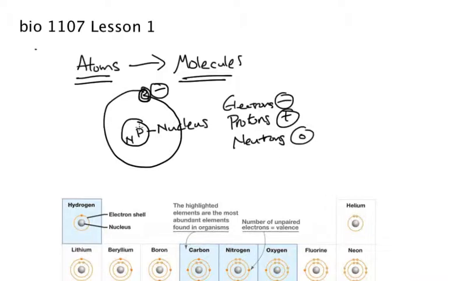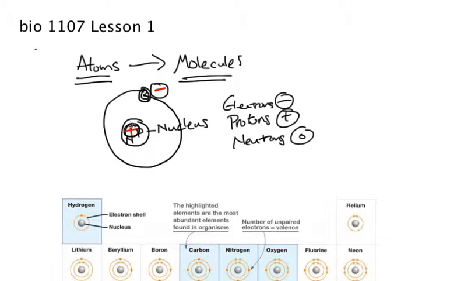So overall, because you have neutral and positive, your nucleus is positive. You have a positive charge. Let me use a different color. So your nucleus has a positive charge, and your outside electrons have a negative charge. And that's basically how we look at atoms.